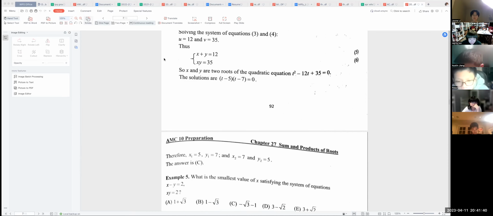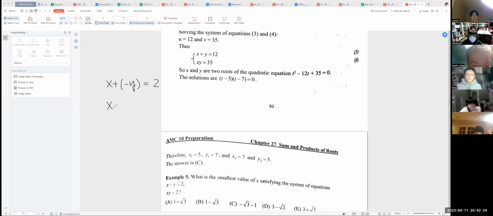What is the smallest value of x satisfying the system of equations x minus y equals 2 and x times y equals 2? 啊，这次不一样了啊。有些小朋友说，老师啊，我们学的时候是 x 加 y 等于什么，x 乘 y 等于什么可以用，对不对？那这个怎么办？Everybody, let's take a look at this one. We can make x plus negative y equals 2. Can we do that?